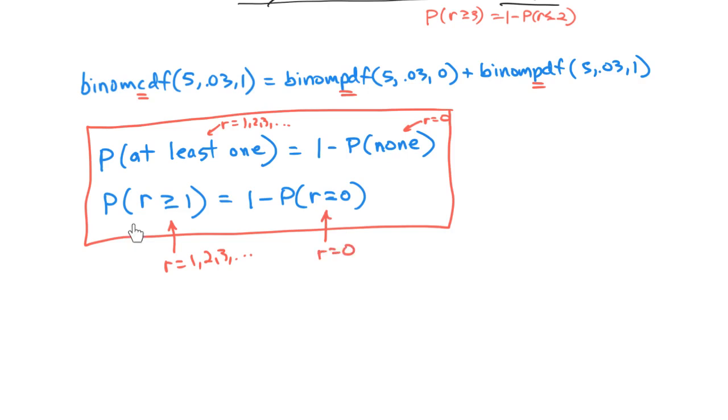So figuring this out takes binomial PDF for r equals 1, binomial PDF for r equals 2, binomial PDF for r equals 3, binomial PDF for r equals all the rest of them. That's a lot of work, but you could instead go 1 minus binomial PDF for r equals 0. So this is the complement rule, which we only need because binomial CDF is not coded well.